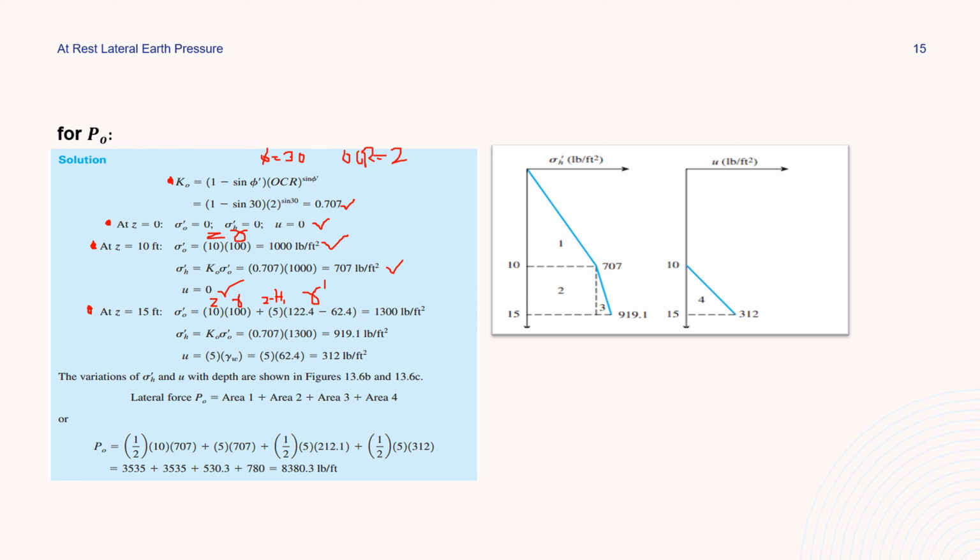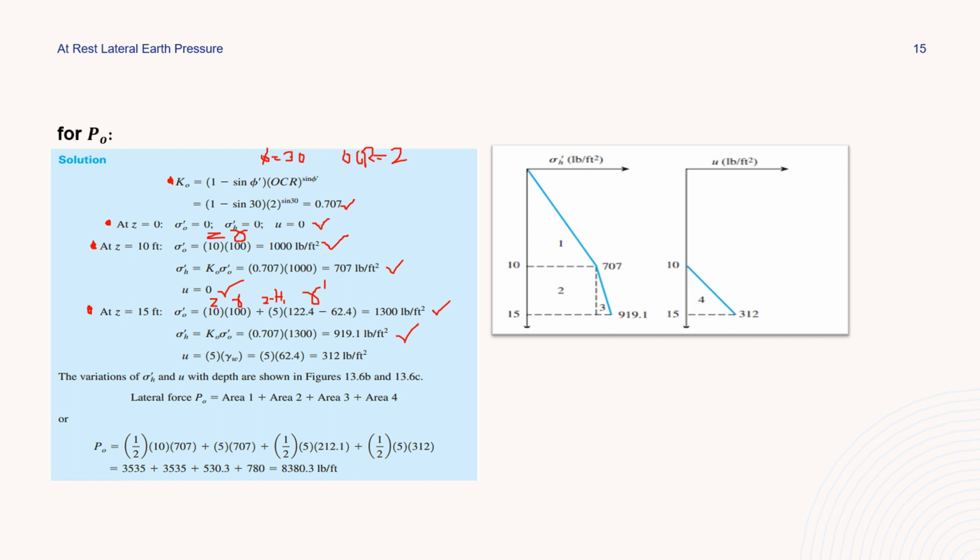So we solve it and get 1,300 pounds per square feet. Then we substitute it into the earth pressure formula, where it is K0 times the vertical effective pressure, and we get 919.1 pounds per feet squared.